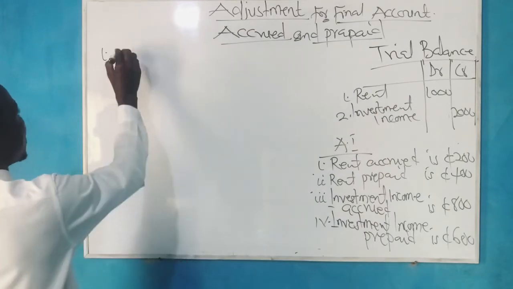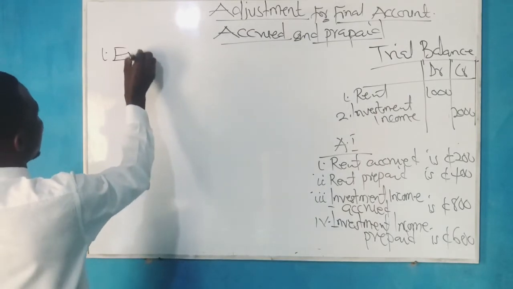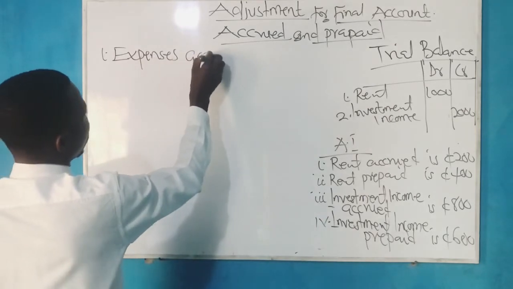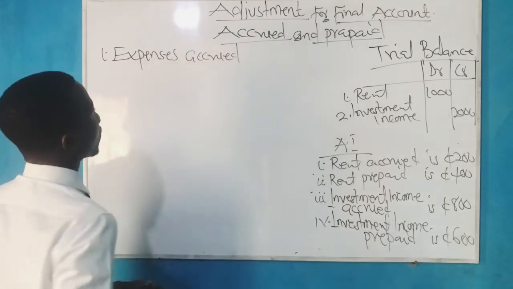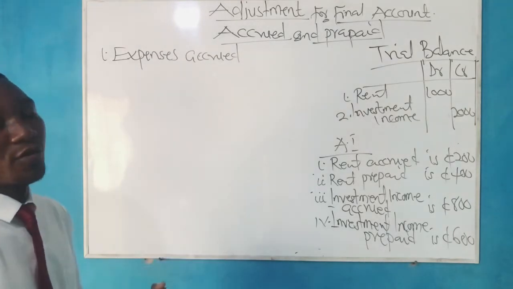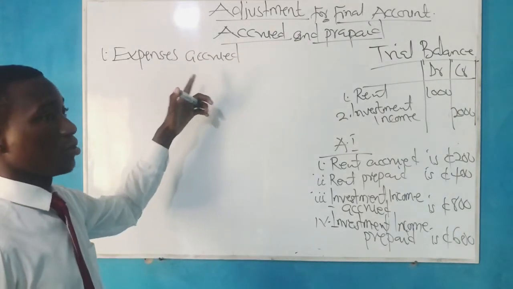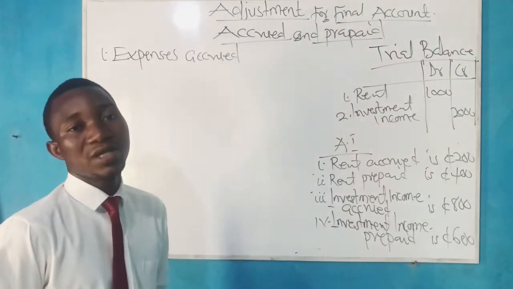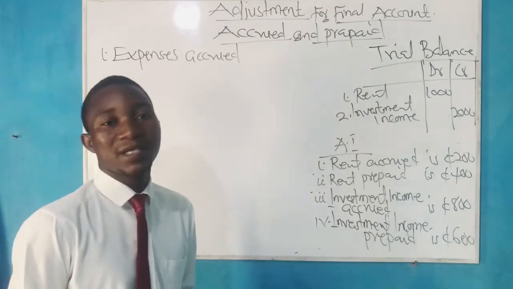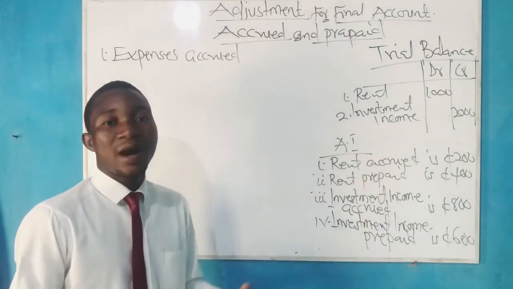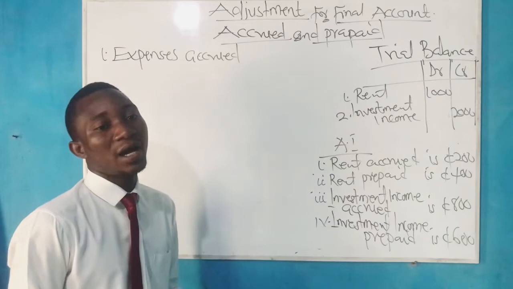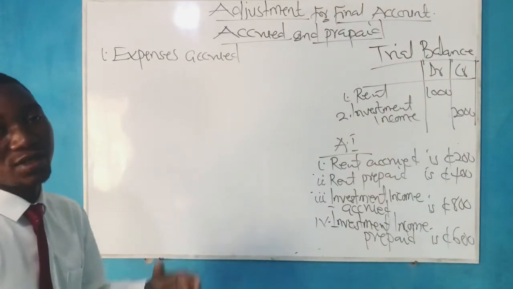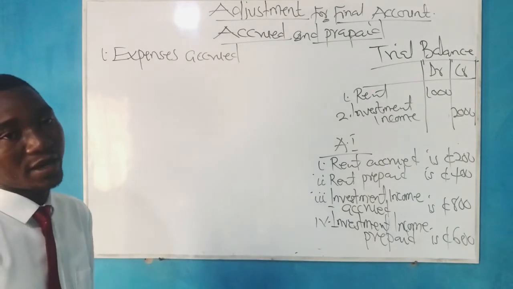Sometimes in a question you may not see the word accrued, but you may see names like expenses owings, expenses due, expenses unpaid, expenses in arrears, or expenses outstanding. All these names can still refer to accrued. So anytime you see these names, it's the same as expenses accrued.